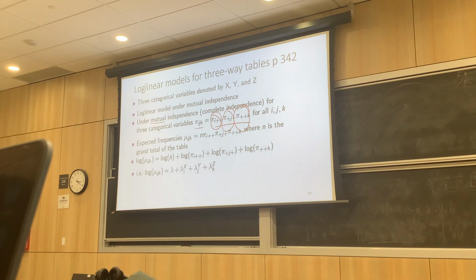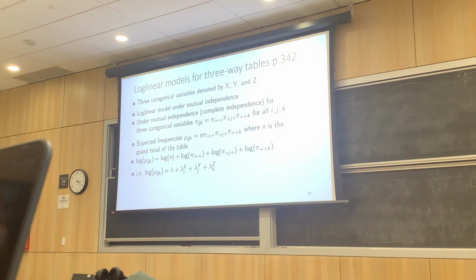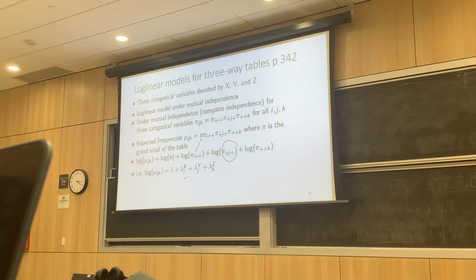When you take the log of this, the first term is what we denoted by lambda x, for the X variable, the ith category, and the effect of the Y variable, the jth category, and so on. That is mutual independence, or sometimes we call it complete independence. We write it like this: X, Y, Z, all separately.